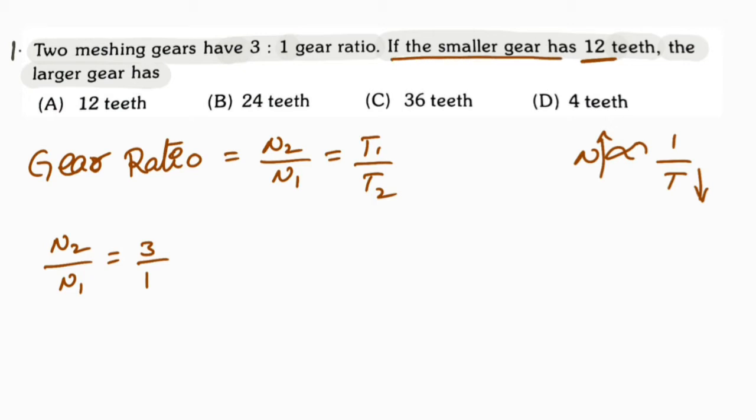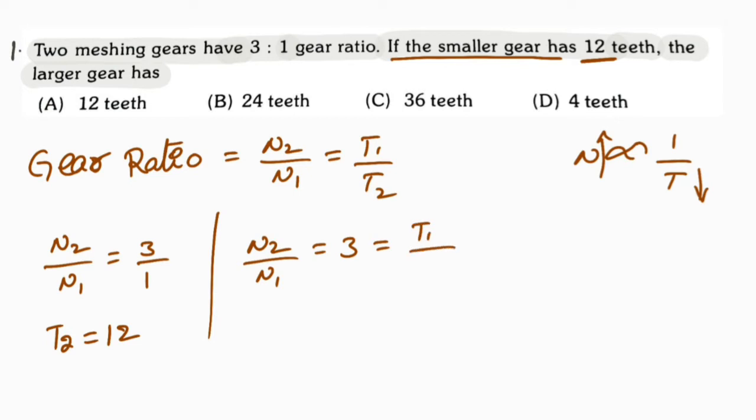Therefore t2 equal to 12, because t2 is the smaller number of teeth, the gear ratio is greater than 1. So n2 by n1 is equal to 3 is equal to t1 by t2.